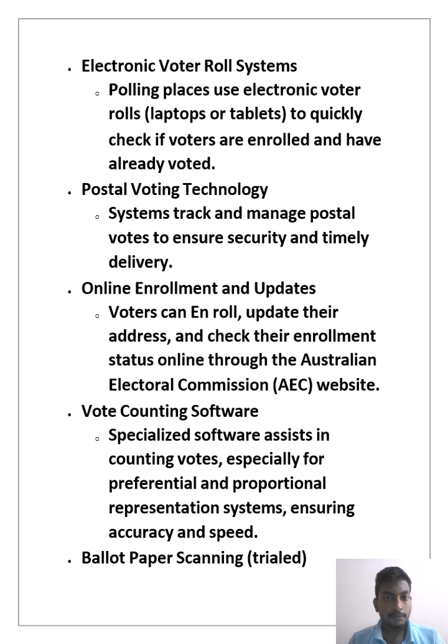Systems track and manage postal votes to ensure security and timely delivery. Online enrollment and updates. Voters can update their address and check their enrollment status online through the Australian Electoral Commission website.